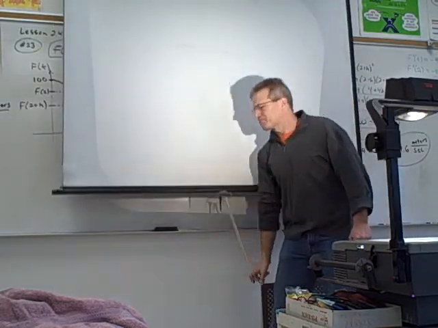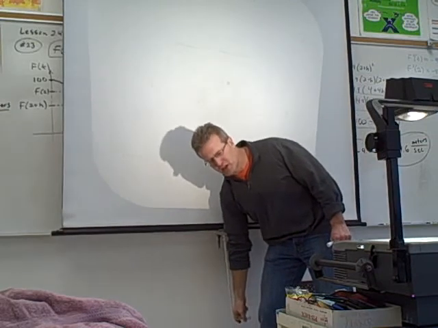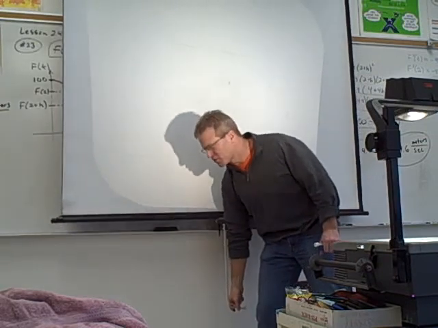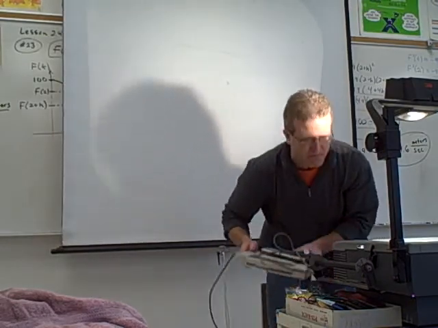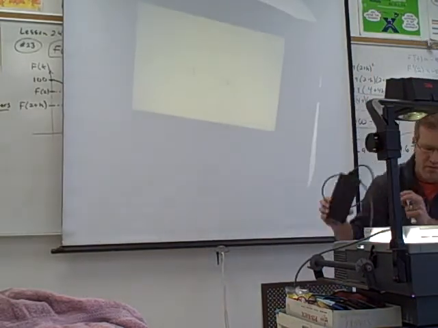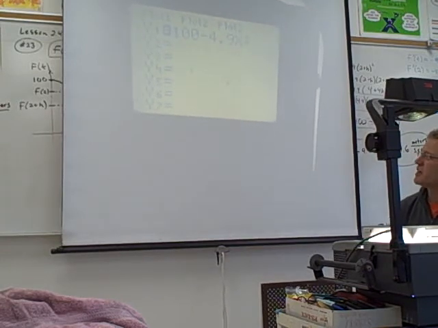All right, on your calculator real quick, type in that original equation, 100 minus 4.9 t squared. I've got it right there. 100 minus 4.9 x squared. You can set your window. I did this first hour, so that's why I still have it on there.